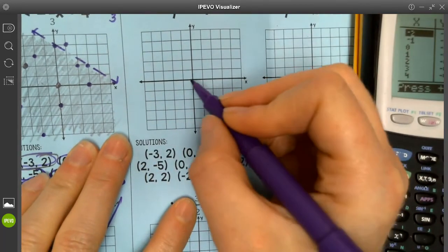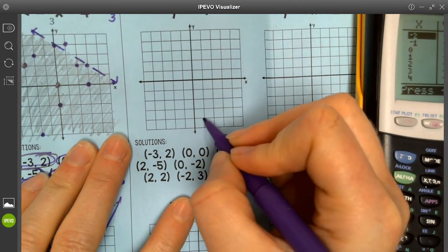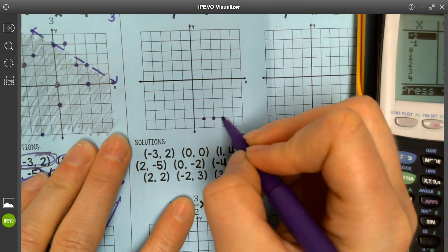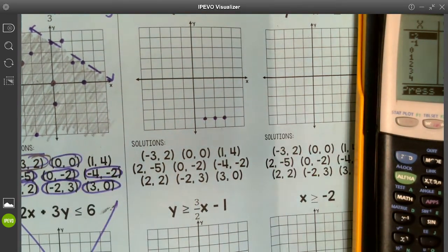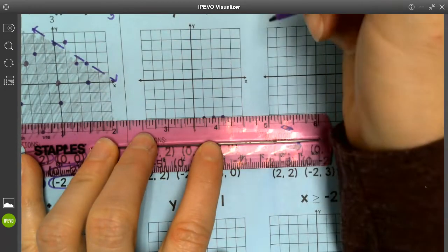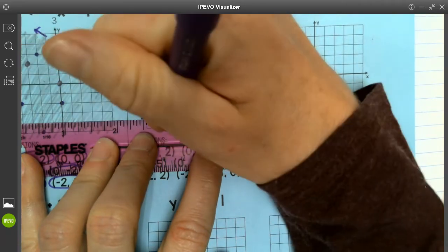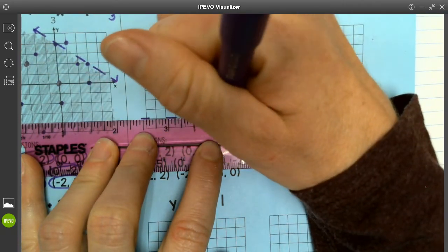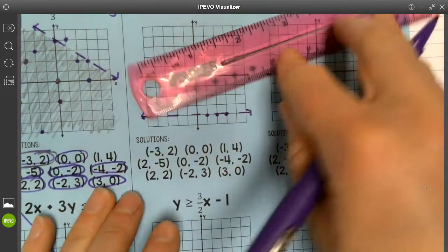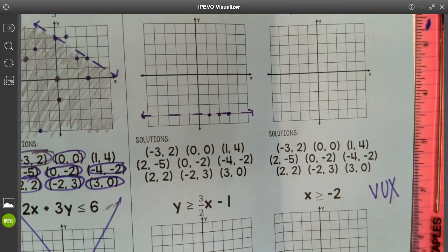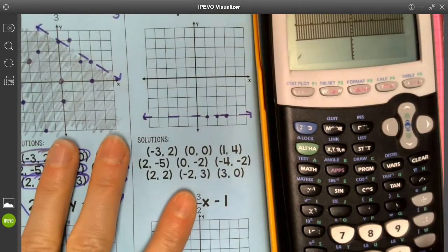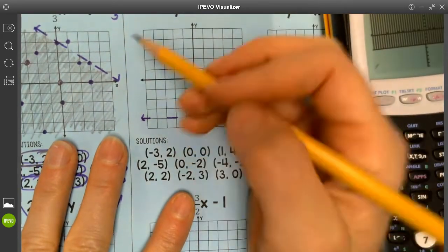So no matter where it's at, 1, negative 4, 2, negative 4, 3, negative 4. The horizontal line for y is negative 4. And it's dashed, so don't forget to make it dashed. Greater than, it's above. So it's like a flat roof.